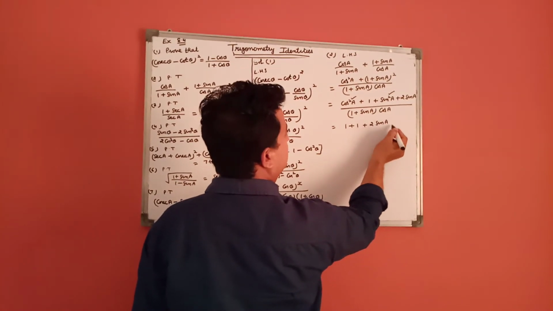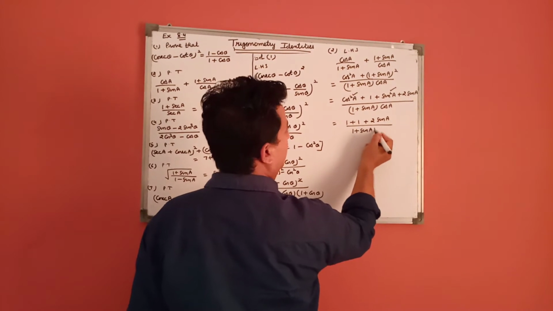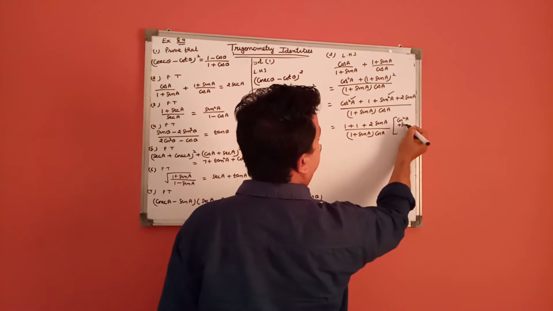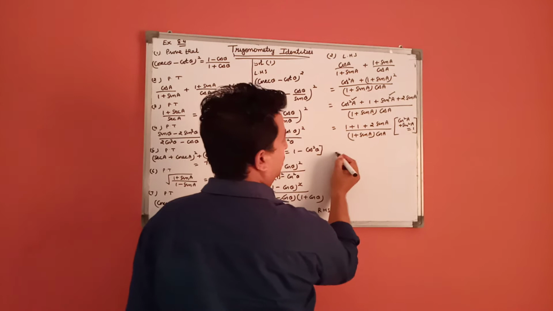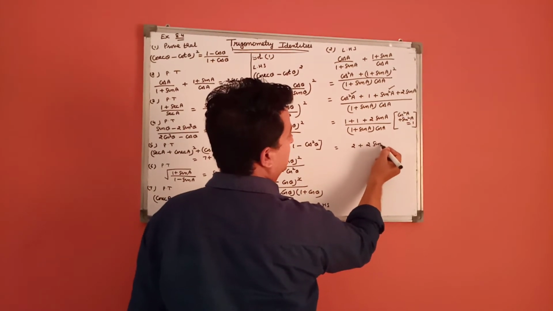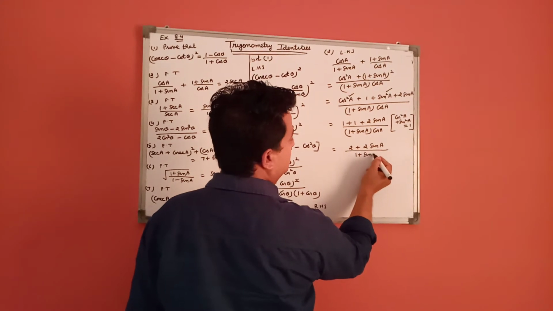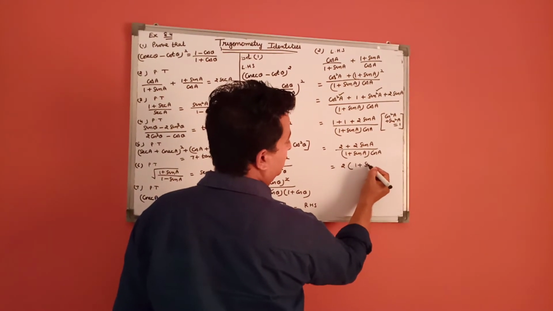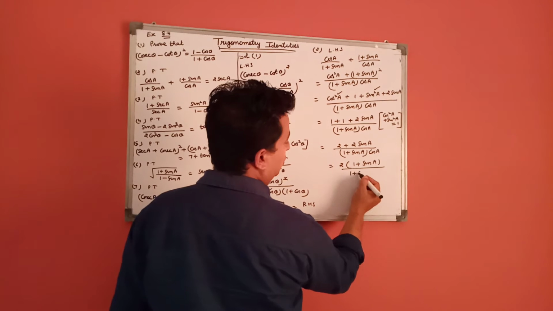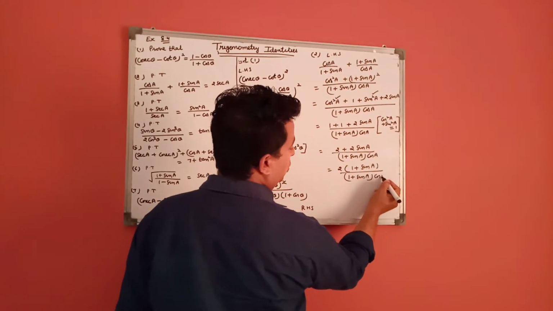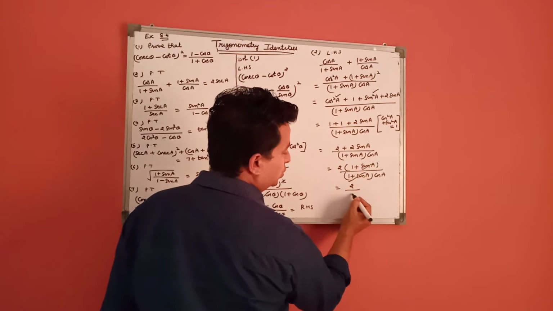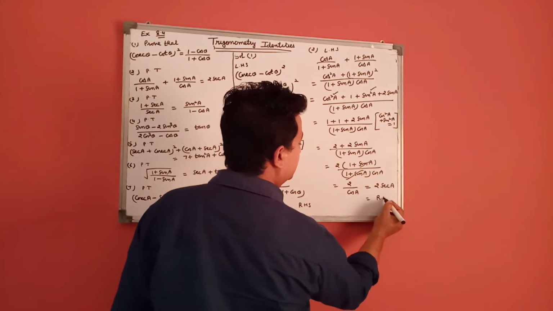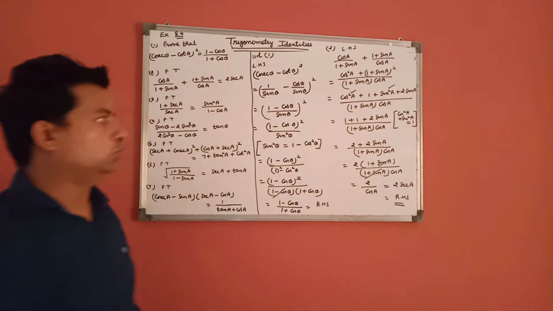So this becomes 1 plus 1 plus 2 sin A, that is 2 plus 2 sin A over (1 plus sin A) into cos A. When we take 2 common, this becomes 2 (1 plus sin A) over (1 plus sin A) into cos A. This cancels out, we get 2 by cos A. As we know, 1 by cos is secant A. So this is 2 secant A, the right hand side of question number 2.